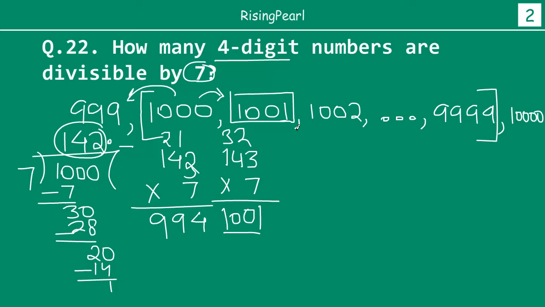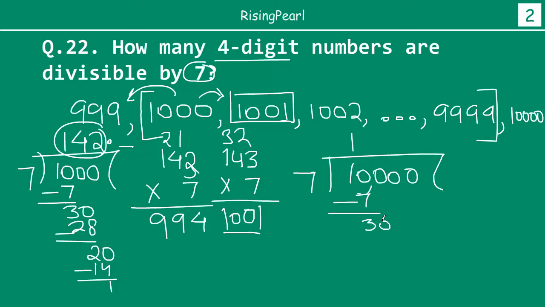Now what is the largest 4-digit number which is divisible by 7? If we divide 10,000 by 7, it will be exactly very similar to this, right? 7 ones are 7, 3, 0, so 4, 28, right?